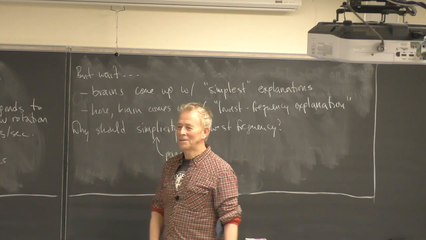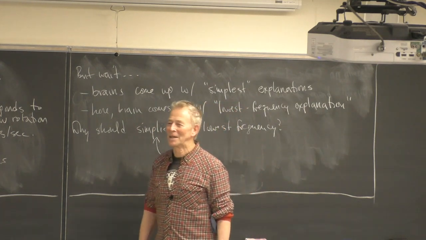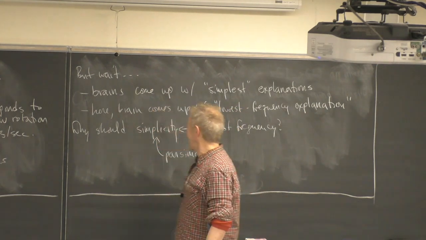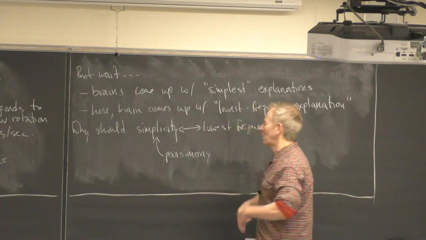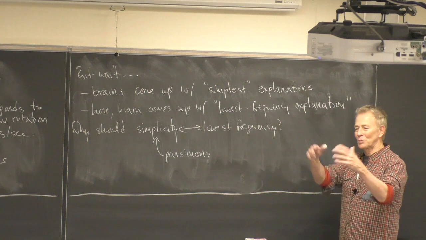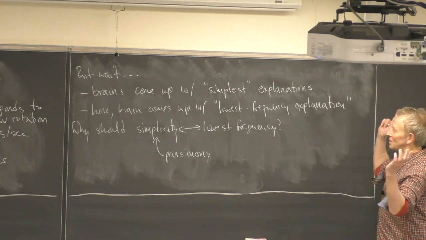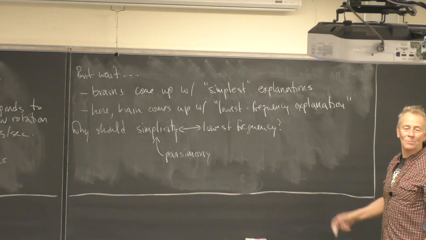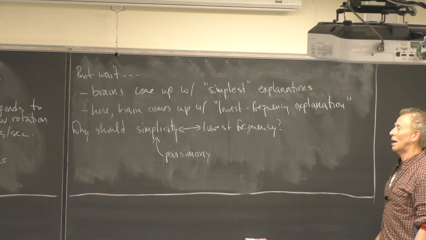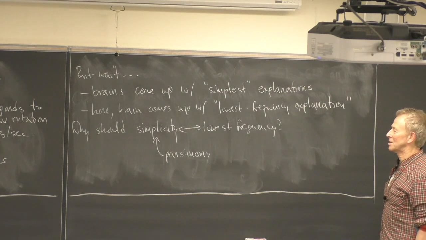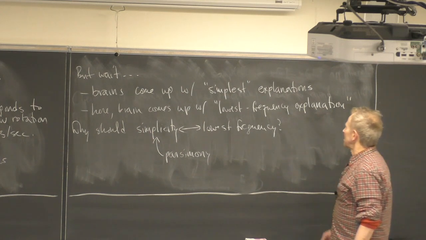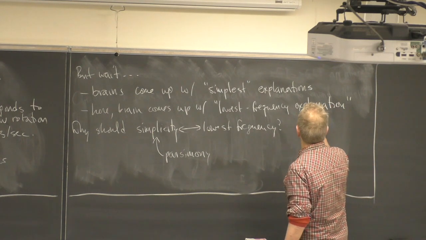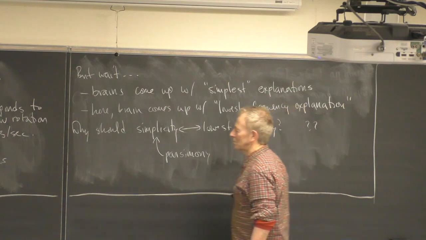Yeah, it's the one that Occam's razor left behind, so to speak. Okay, so parsimony is simplicity in science. So brains come up with parsimonious explanations, they come up with simple trees, they come up with low frequency signals. But why is low frequency the same as efficiency or parsimony? I don't know. Okay, fascinating concept to me. So that's an unanswered question. So I'll put 2 question marks by that.